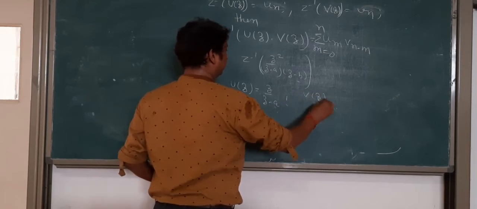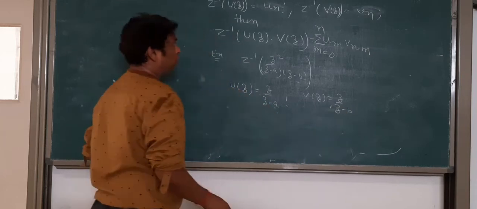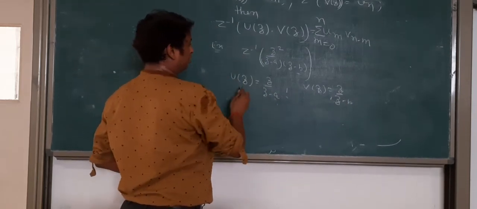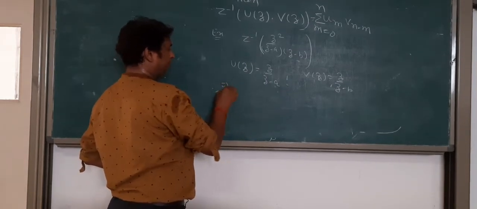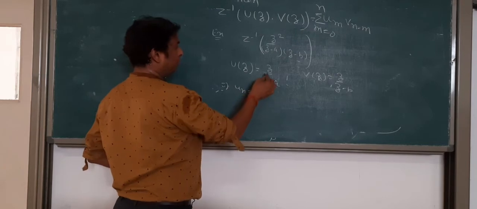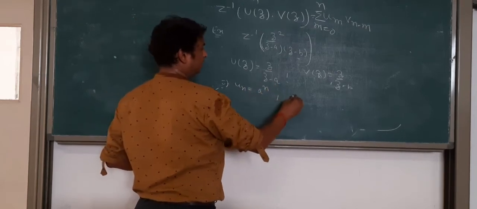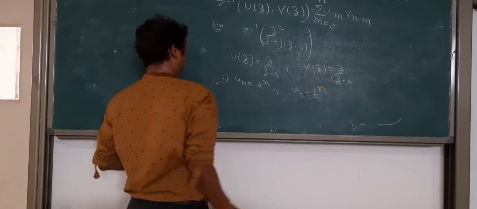We take V(z) as z upon z minus b, because we have to use the convolution theorem. So what is u(n)? Z inverse of this is a to the power n. What is v(n)? b to the power n.